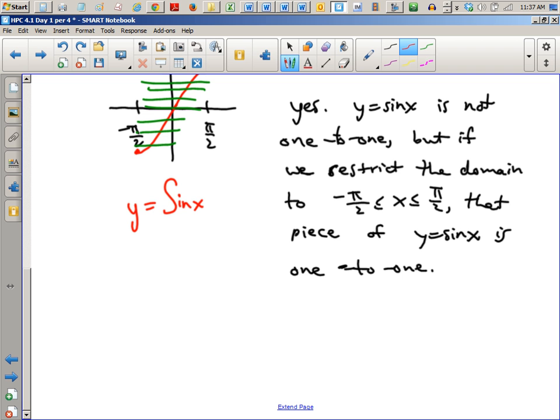Okay? You think I might test you on that? Yes. Absolutely. In fact, all of our trig graphs, we can choose a piece of them that is one-to-one. Okay? All right, how about this one?